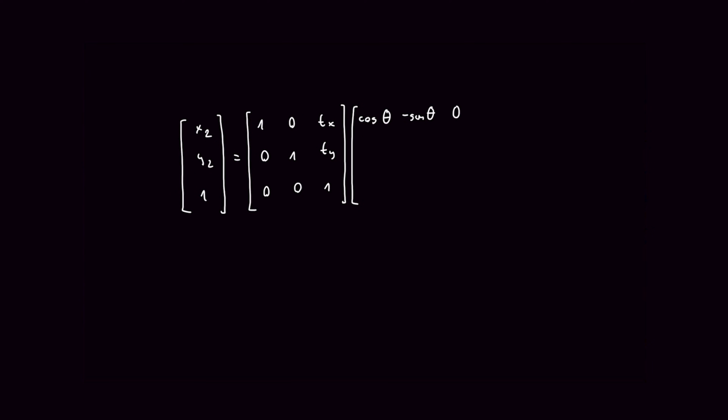For example, we can combine rotation with translation by chaining the multiplications like this. Now we need to be careful there, as matrix multiplication is not commutative. This means that A times B is not necessarily the same as B times A. In other words, the order of operations matters. If we multiply these two matrices, we get the following result.